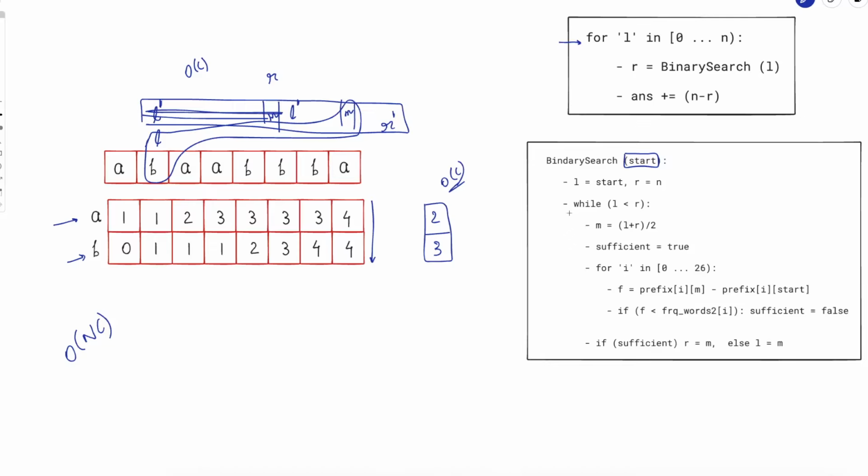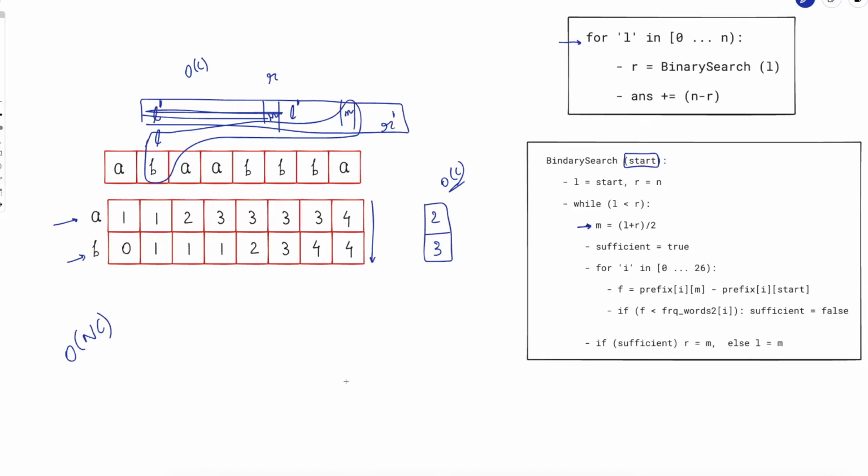We will simply keep on finding the mid and understanding whether start to M, not L dash to M, is valid or not. If it is valid, we will look in the left, otherwise we'll look in the right. There's a plus minus 1 difference here, which you can figure out yourself.